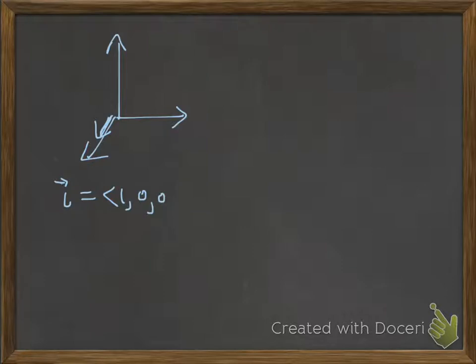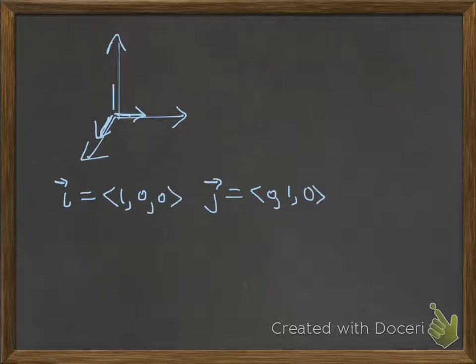Alright, we have 3 really important unit vectors. The one that travels along the x-axis, we call that one i, and in 3 space, that is 1, 0, 0. Along the y-axis, we call j, and that is 0, 1, 0 in 3 space.